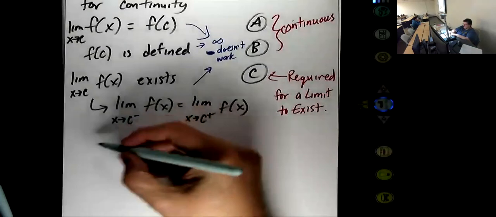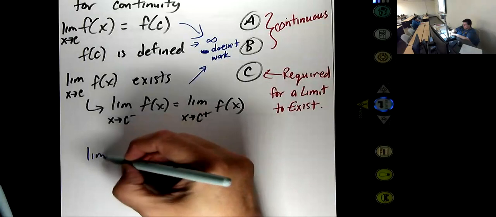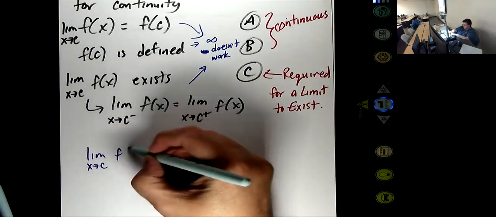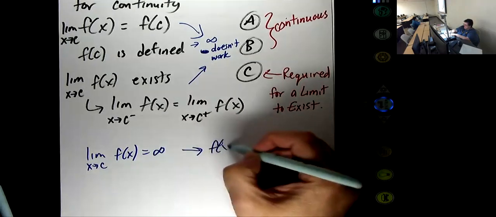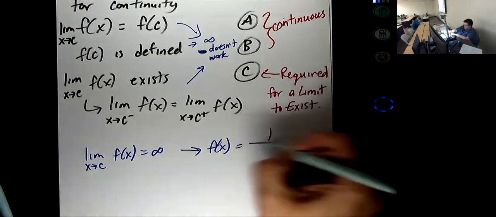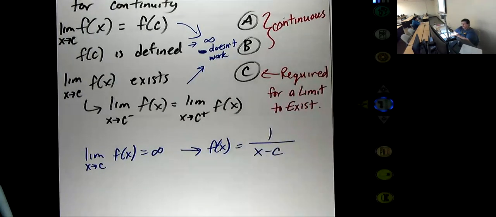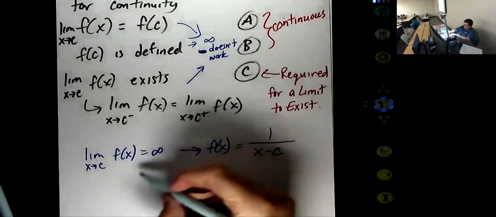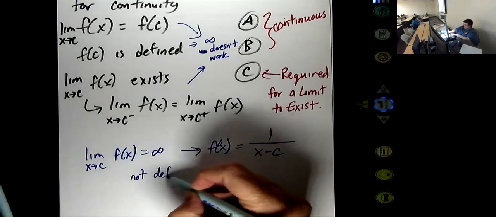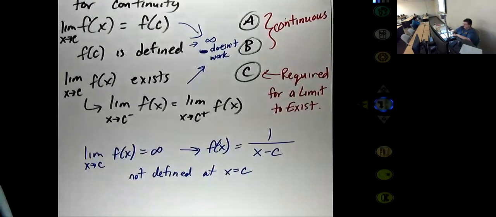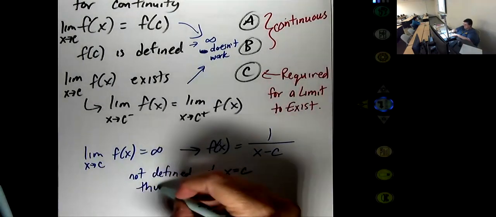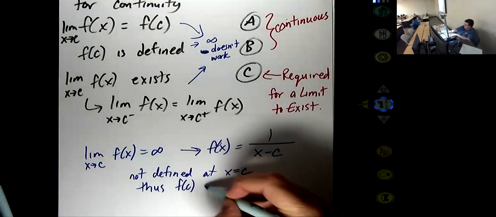So if we do the limit as x approaches c of f of x and we get infinity, this means f of x had something like x minus c in the bottom, which means it's not defined at x equals c, and thus f of c is not defined either.